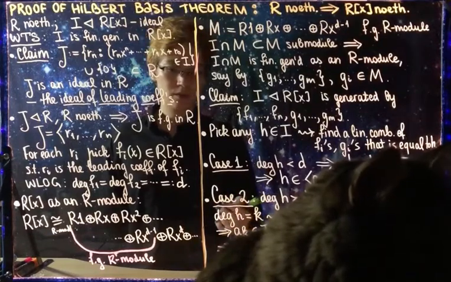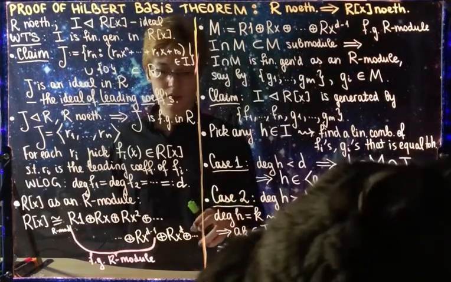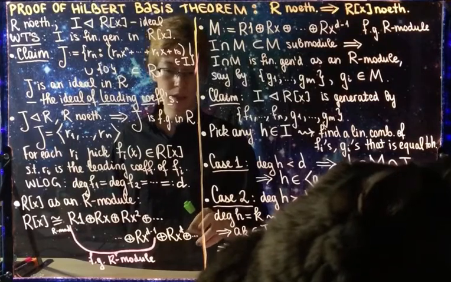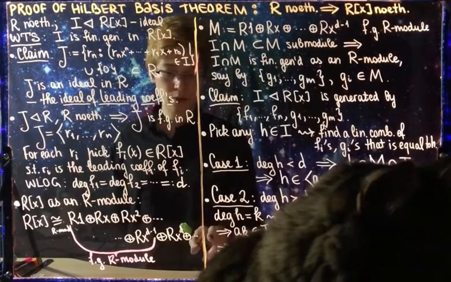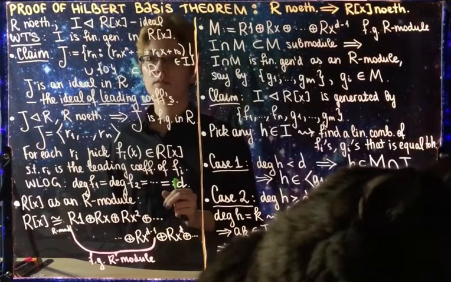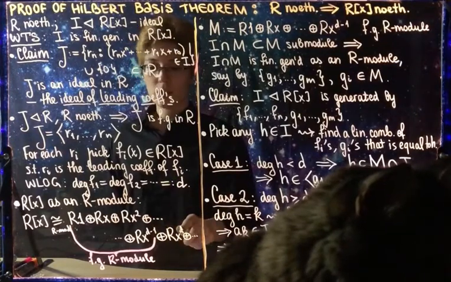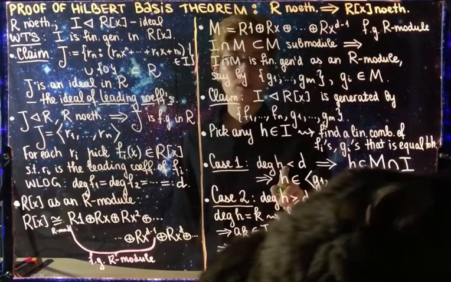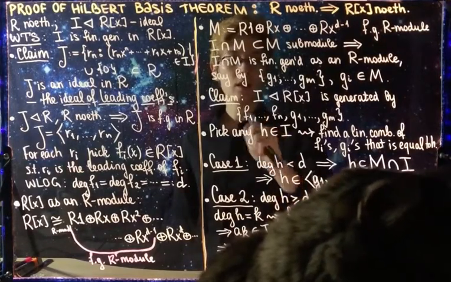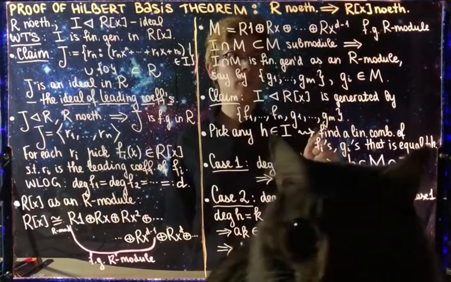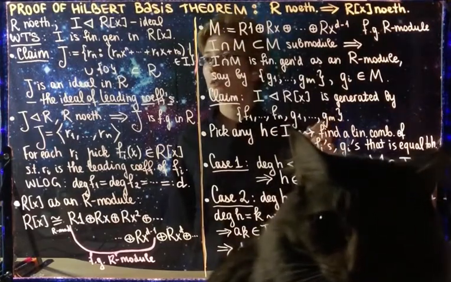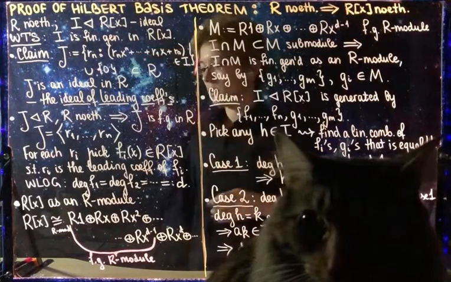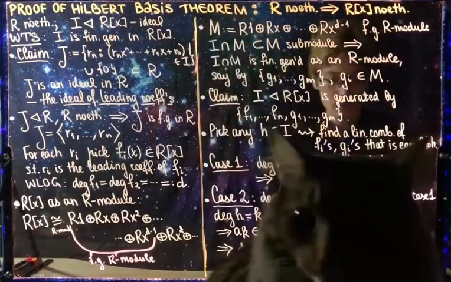So if we take a polynomial of degree d plus 1, we reduce it to the case of d. And so by induction we conclude that every polynomial h in I is generated by this finite set with coefficients in R adjoint x. And this concludes the proof.